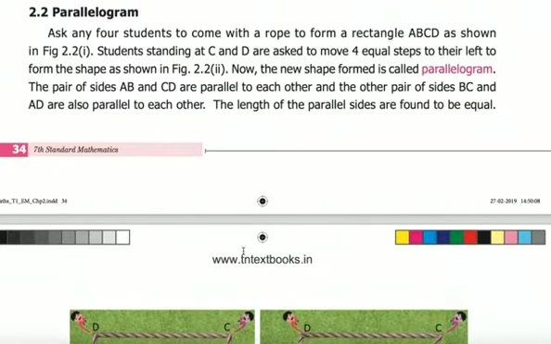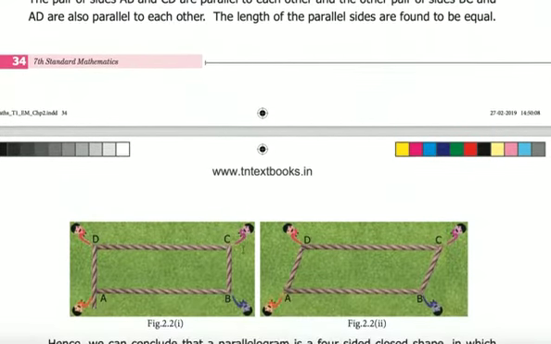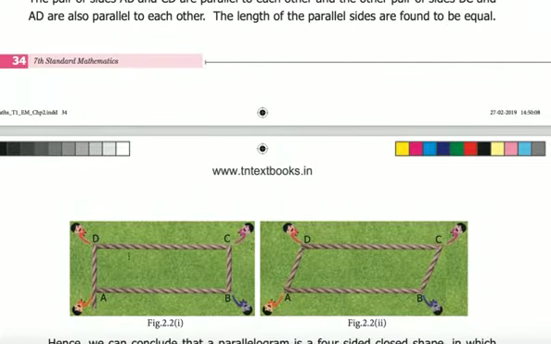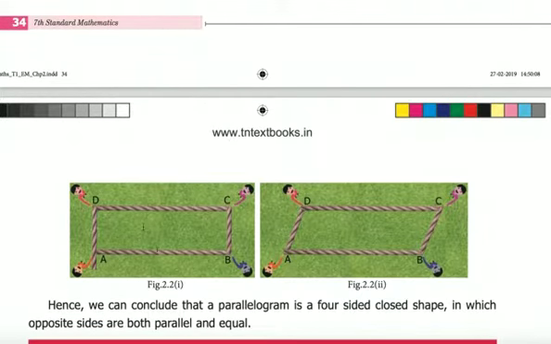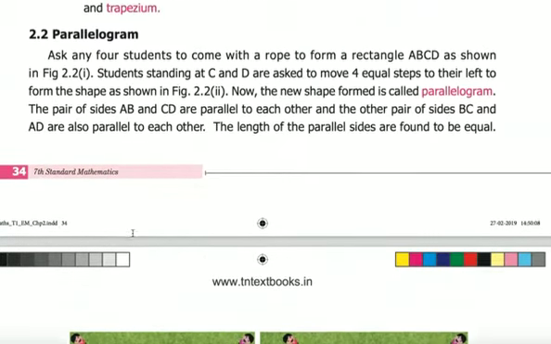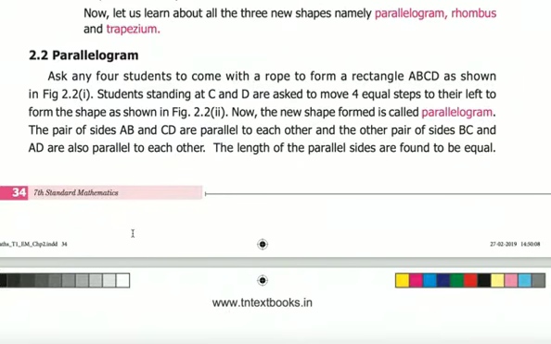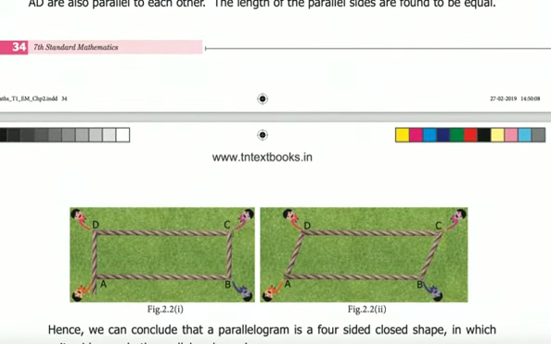Four students came with a rope to form a rectangle ABCD as shown in the figure. This is the rectangle formed by rope. Students standing at C and D, these two corners, moved four equal steps to their left, or to their right, maybe their left.